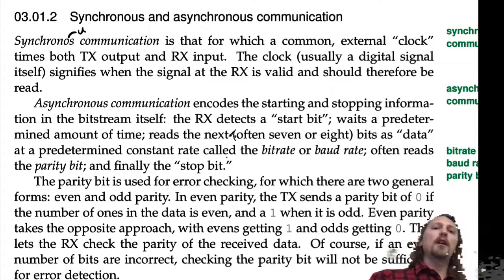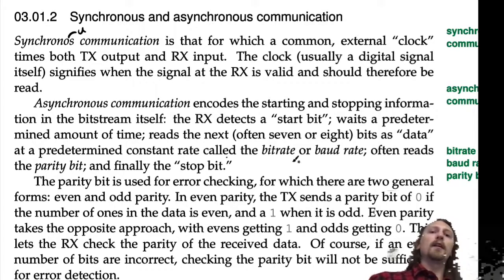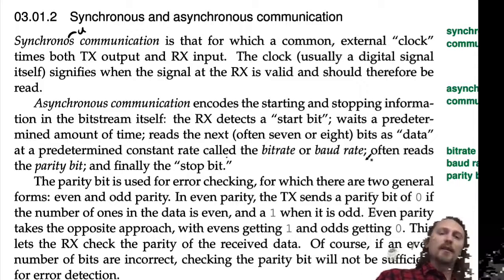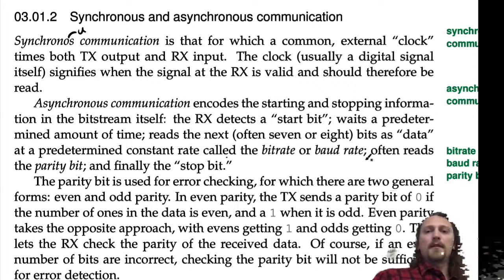Asynchronous communication encodes the starting and stopping information in the bit stream itself. So the receiver detects a start bit, waits a predetermined amount of time, reads the next, often 7 or 8 bits as data at a predetermined constant rate called the bit rate or baud rate. There's a slight difference, but we'll ignore the difference.